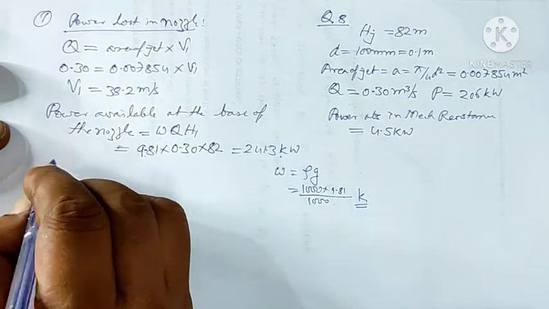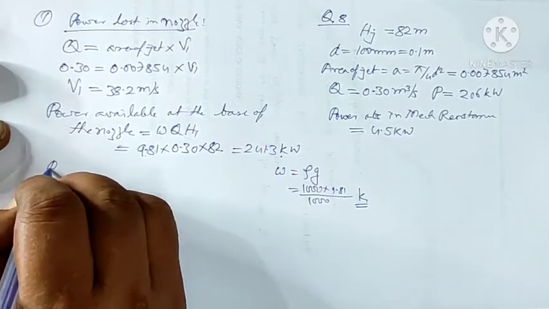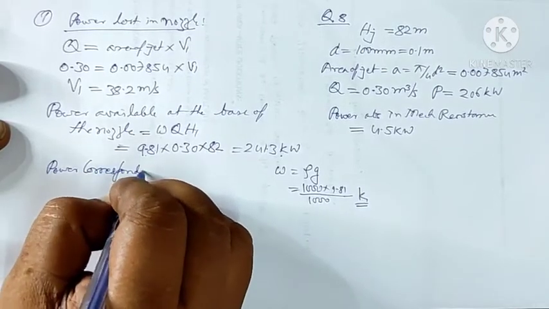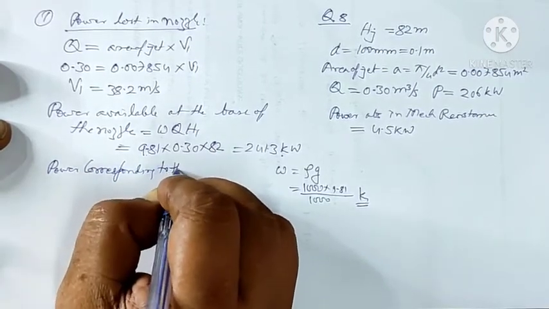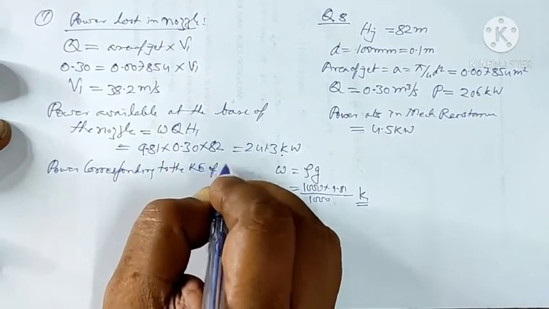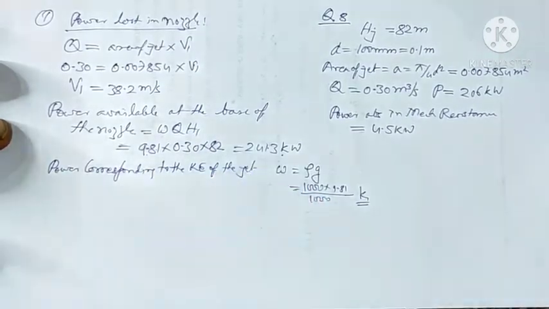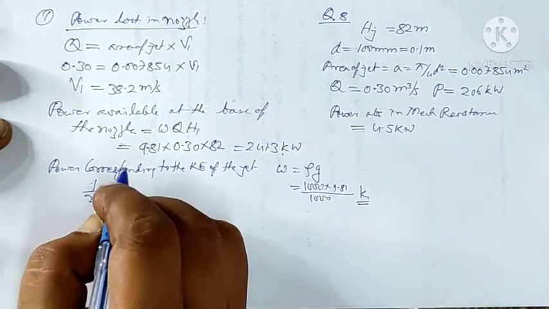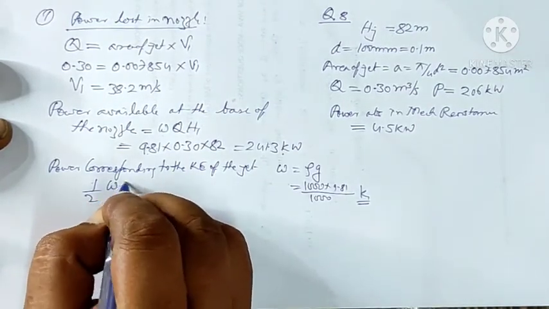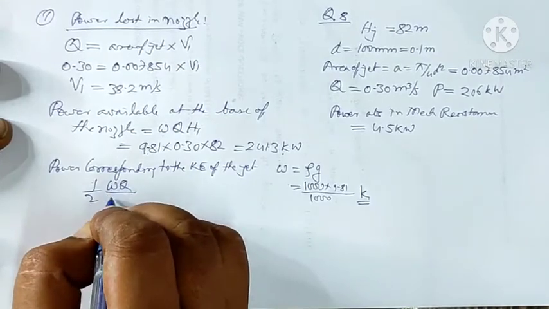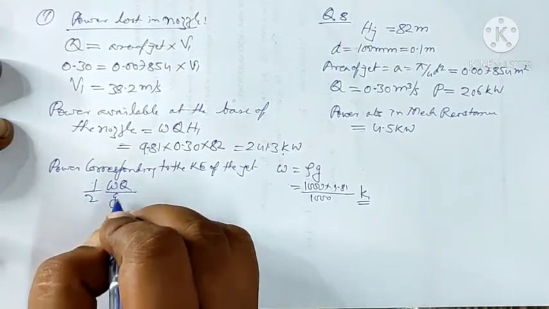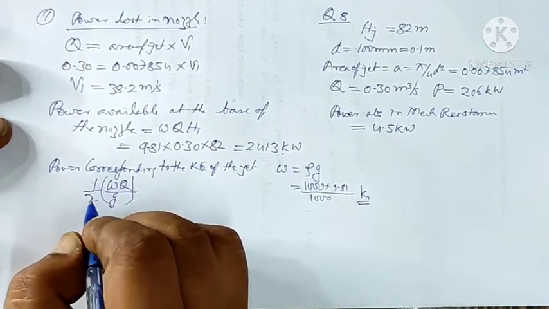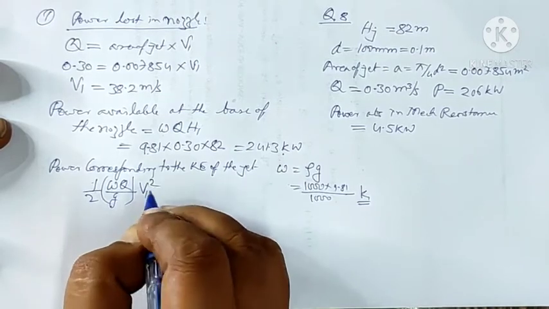Now power corresponding to the kinetic energy of the jet will be given by 1 by 2 mv square. So 1 by 2 WQ, mass flow rate, by G, weight divided by G. So mass into V, that is V1 square.